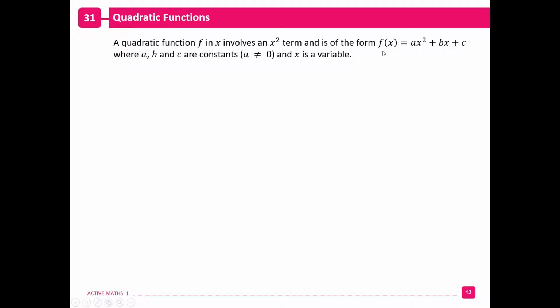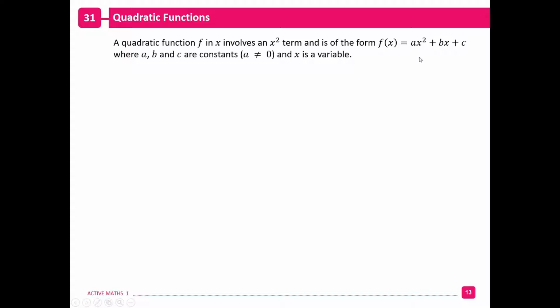In a function we put inputs into it, and we obtain the outputs, we get the answers by performing this calculation, the rule of the function. The operation that we have to do on the input to get the output. And as you can see, we have an x squared. The input has to be squared.